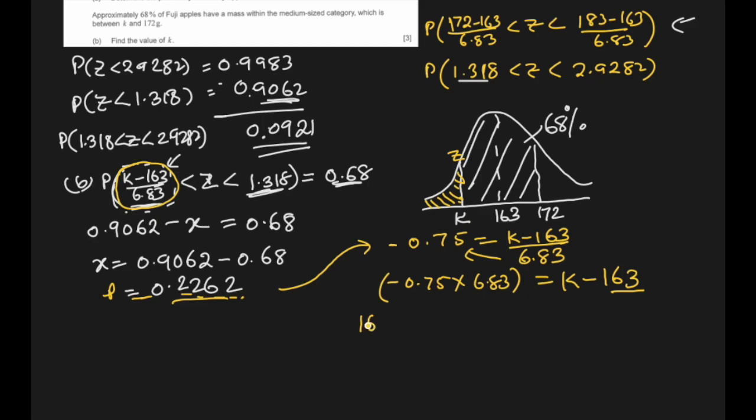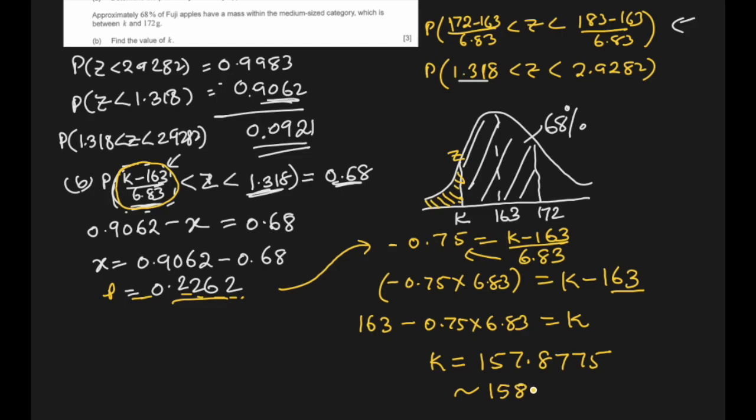So what do we get? 163 minus 0.75 times 6.83 is equal to K, and that comes out to be K is 157.8775, rounded off to 3 significant figures, 158 grams. That is the value of K.